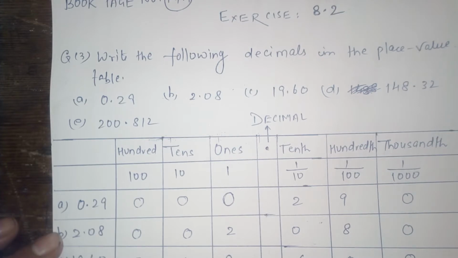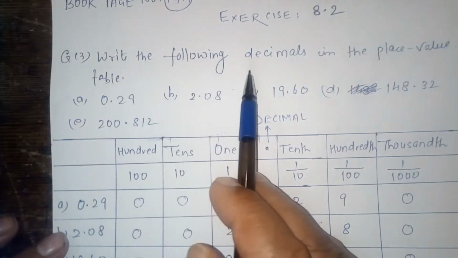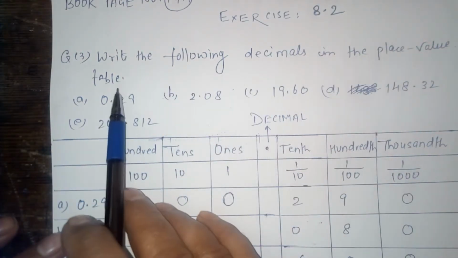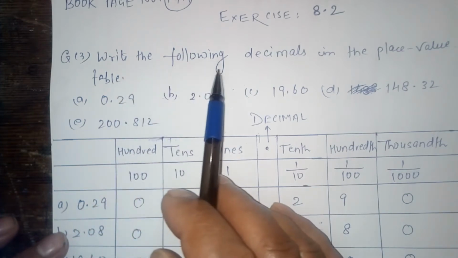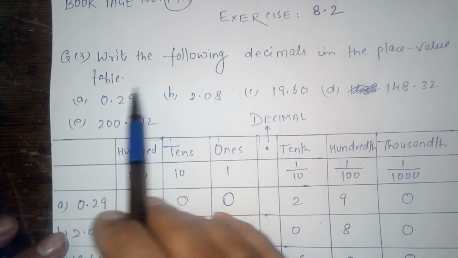Now today we will discuss some problems from exercise 8.2. Your question is: write the following decimals in the place value table.